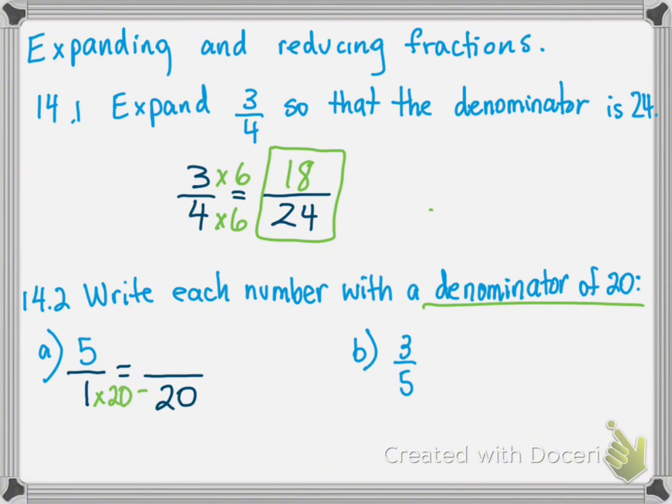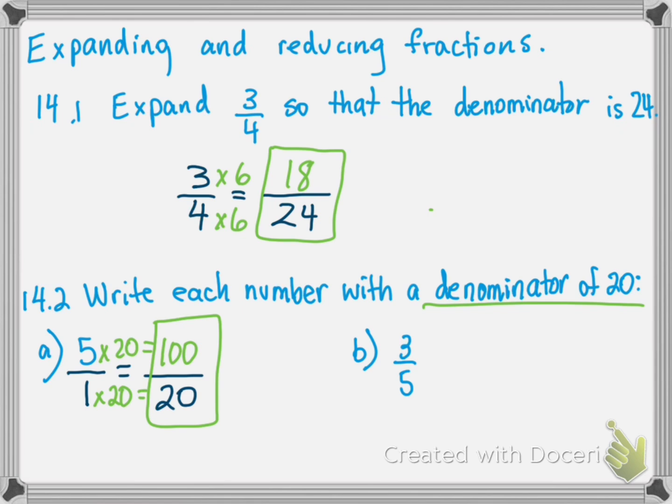In this case it is 20, because 1 times 20 is 20. And what I do on the bottom, I also do on the top. So 5 times 20 is 100. And that would be the answer. Now, if you divide 100 by 20, what do you get? You get 5. That's why it's exactly the same.